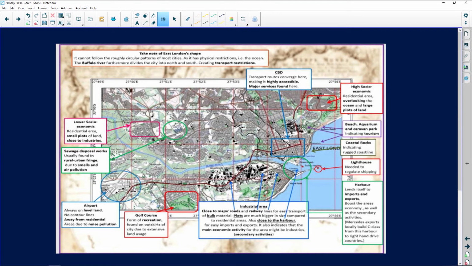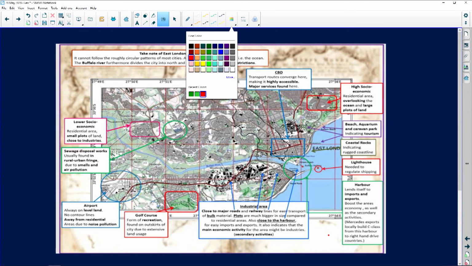I want to concentrate, for instance, on these different aspects. GIS revolves all about information, and you need to be able to identify these types of information on a map. Everything that we've learned is connected, and I want to show you just how much.